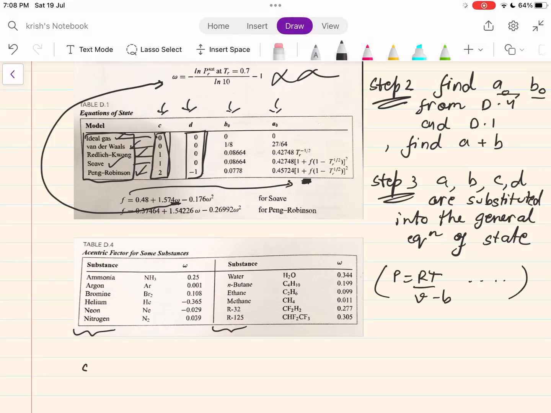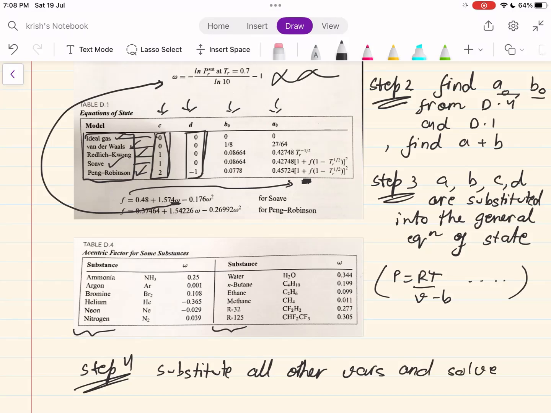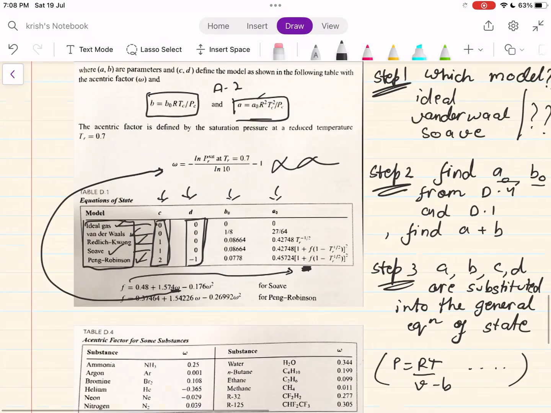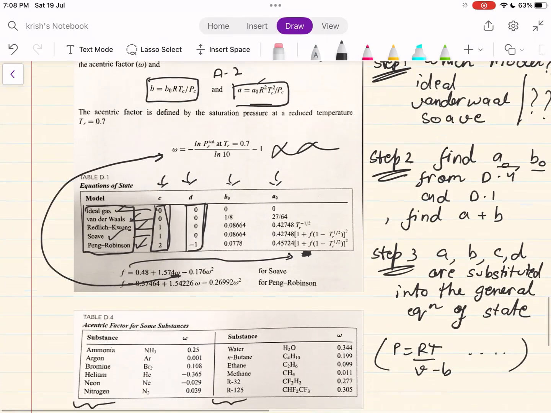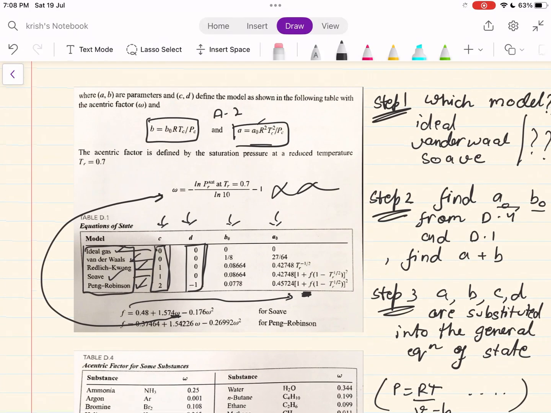And step 4, substitute all other variables and solve for the unknown. So that is how you will use this page and these tables to find first the values of a naught and b naught according to whatever they tell you.